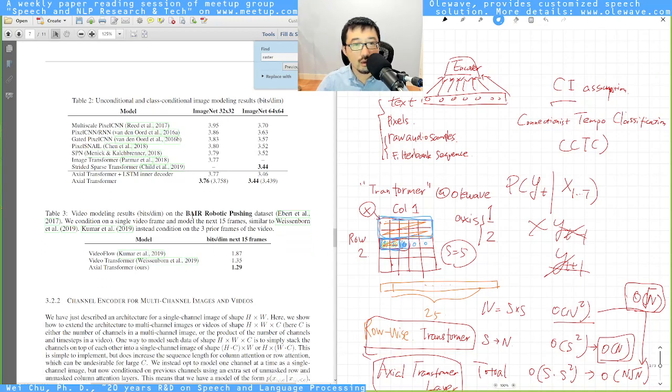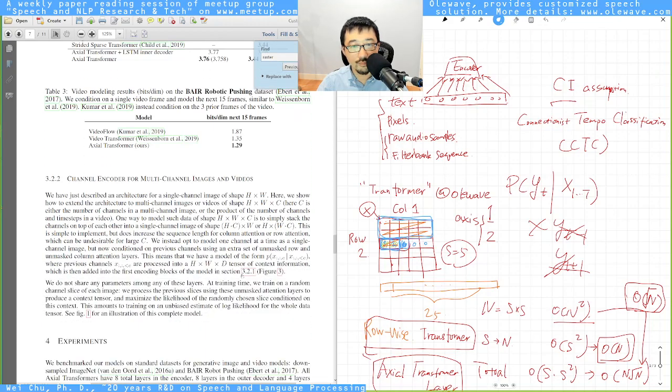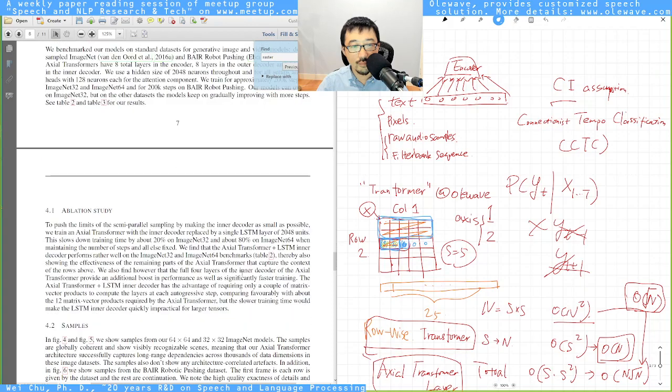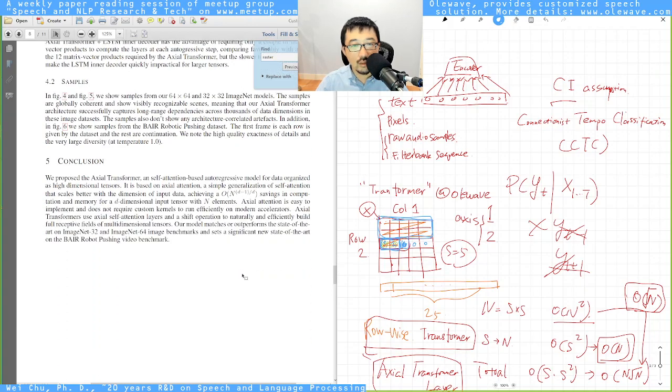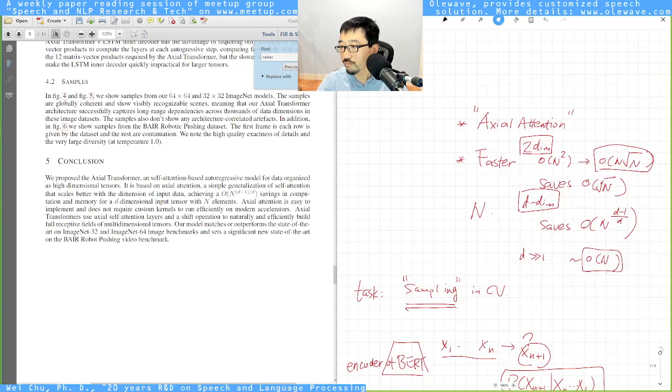They also compared on the BAIR Robot Pushing. It's better. Yeah, the conclusion is that their method is faster, and for the 2D image case, they can save the cost by O of square root of n. Okay. Thank you. See you next week.